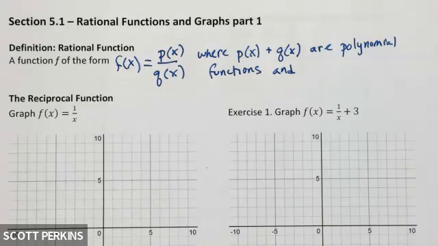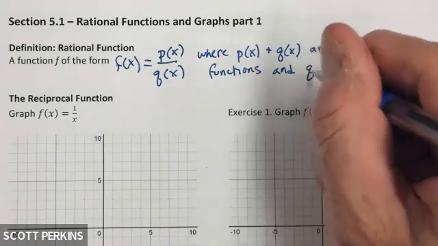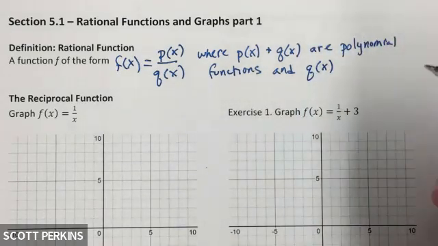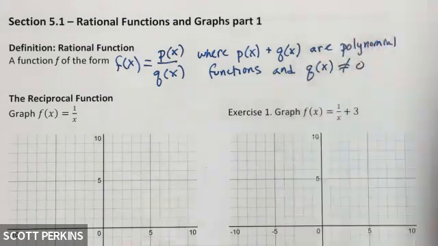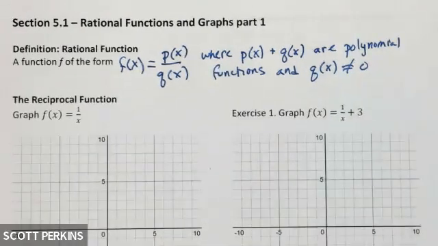And so that is going to be something that impacts the domain of our rational functions. We'll talk much, much more about that. So we have this caveat that the denominator, q of x, cannot be equal to 0. Okay, so I'll give you a moment to catch up on that, and then we're going to graph our 2 new friends, and we're going to then review our translations and our stretching and shrinking with our 2 new functions.